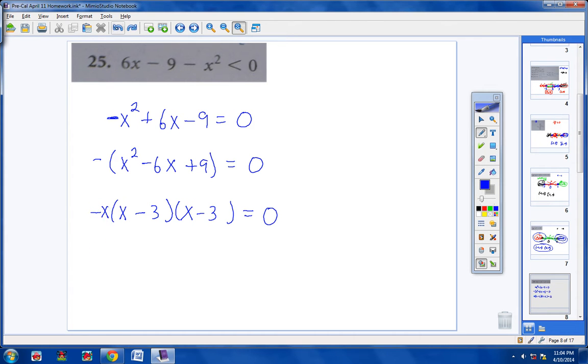But there is no x with the negative sign, so it's really not a big deal to us. Now, what satisfies this parentheses here is the positive number 3, and what satisfies this parentheses here is also positive 3. So we really only have one critical value, and the critical value is 3.